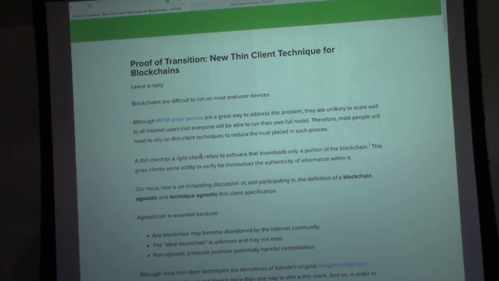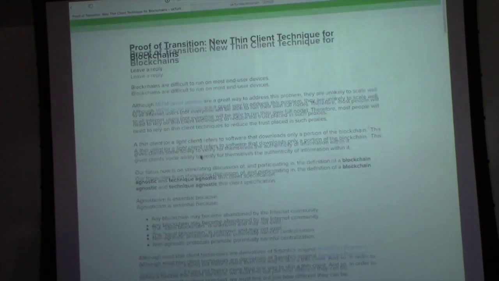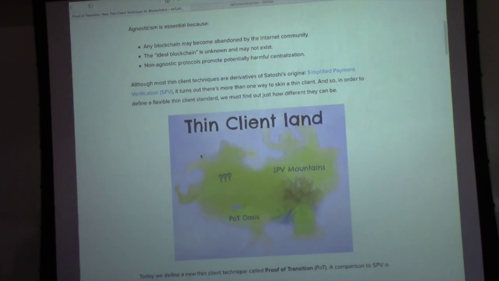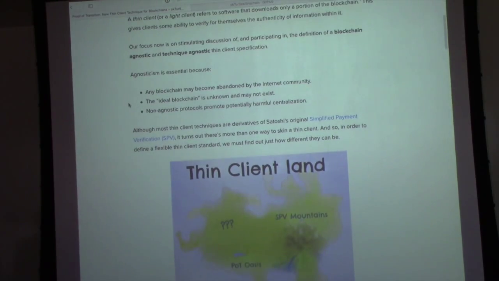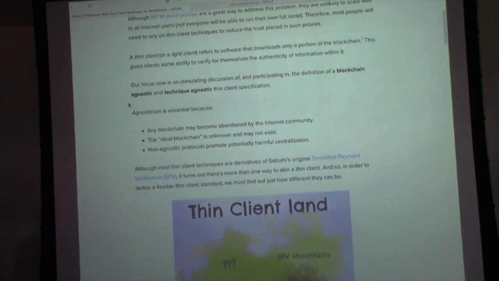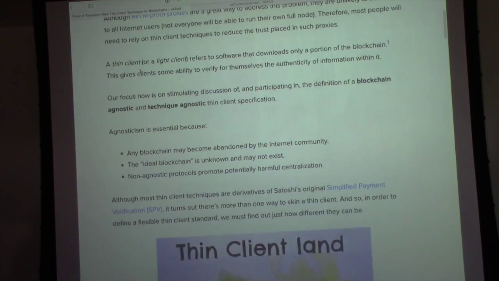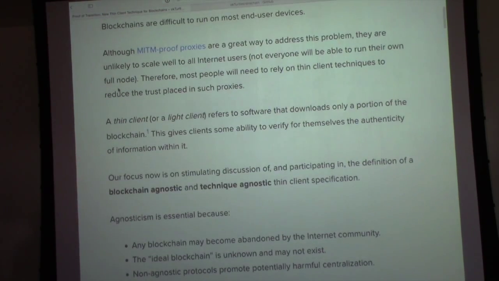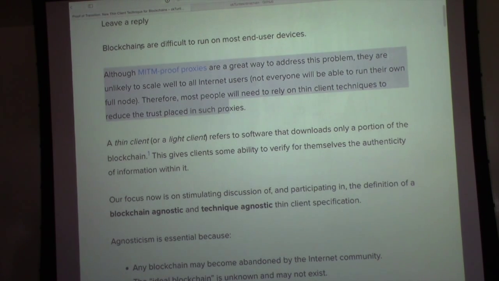This is where we're at right now, using this concept called thin clients. This is probably the key sentence here. So this is talking about what I was just saying: man-in-the-middle proof proxies, that's that trusted DNS chain server. They're a great way to address the problem that blockchains are difficult to run on end-user devices.